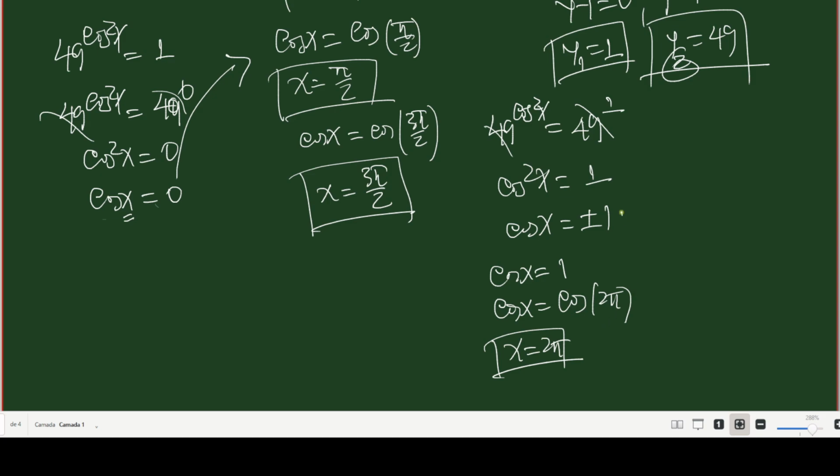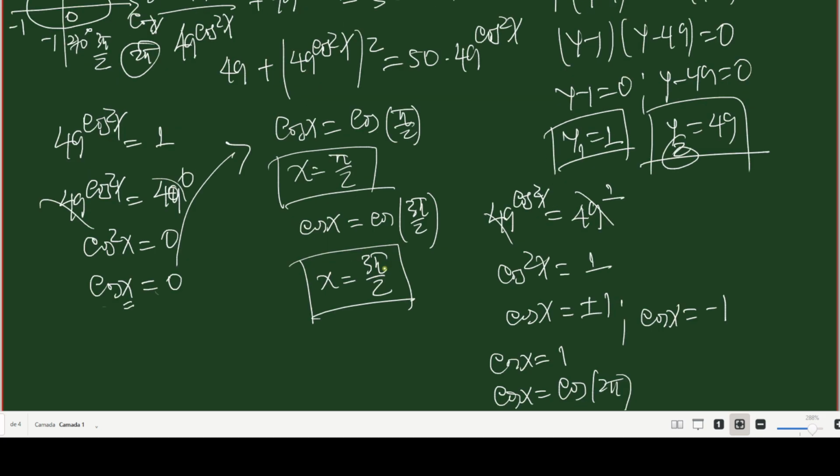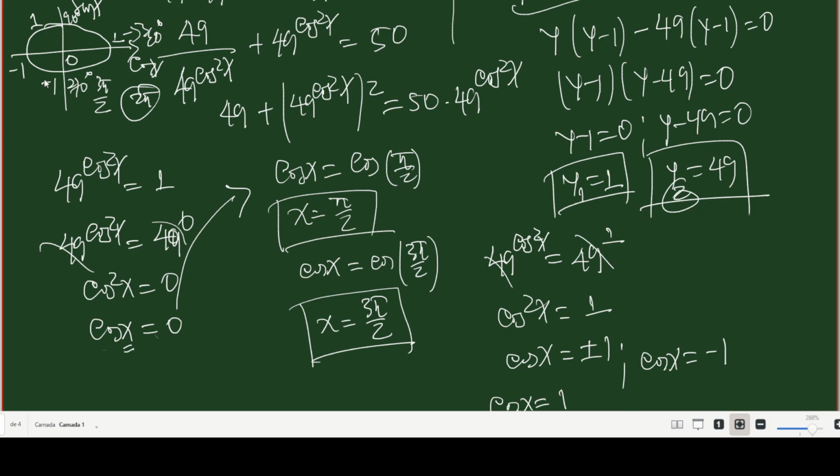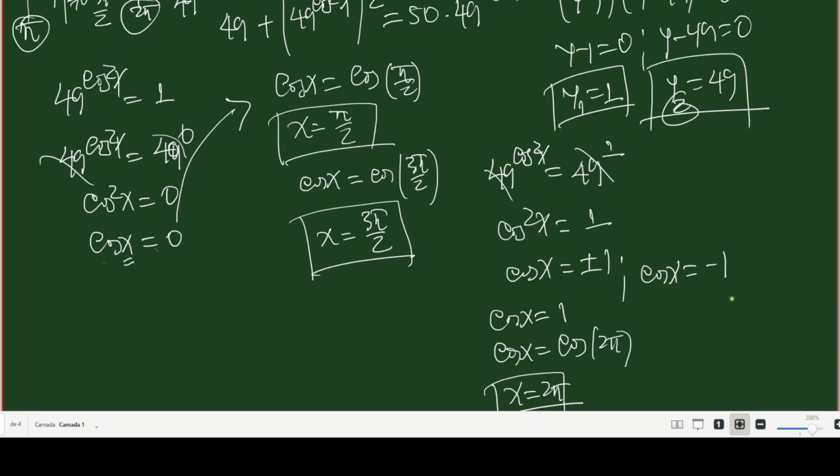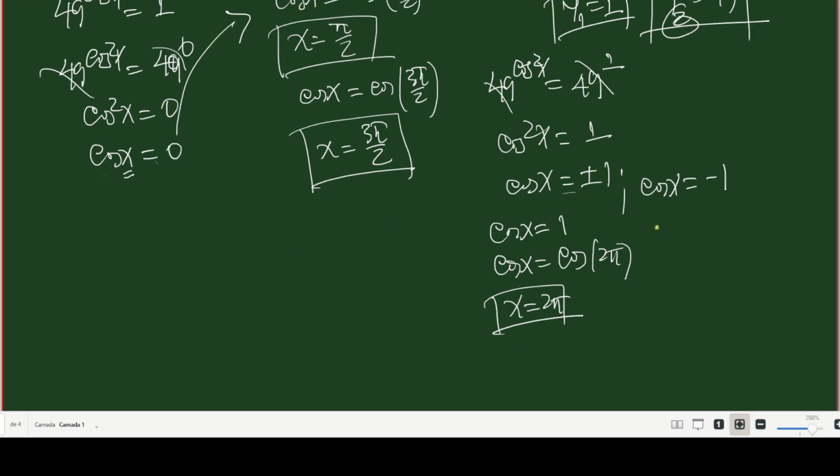And then we have cos of x equals -1. On the unit circle, that's 180 degrees, which is pi. So cos of x is cos of pi, which means x is equal to pi.